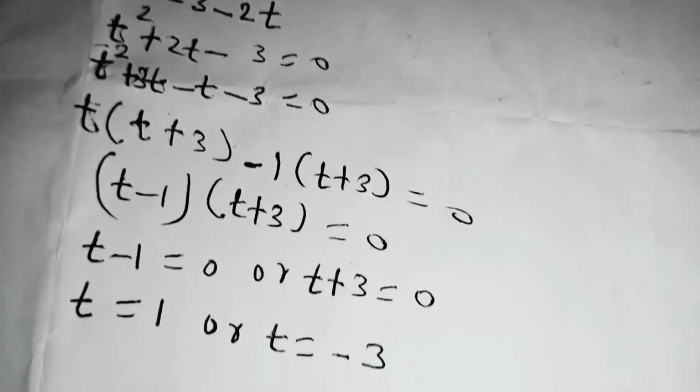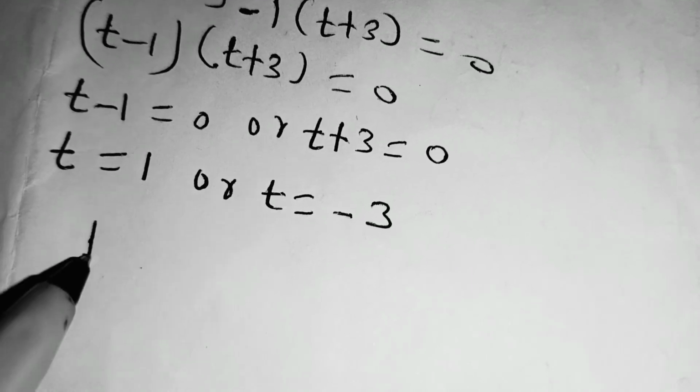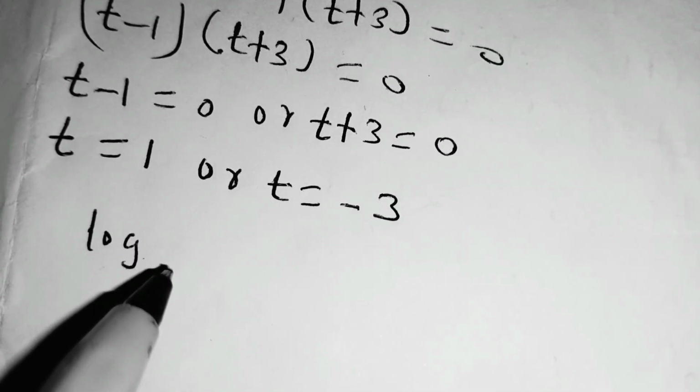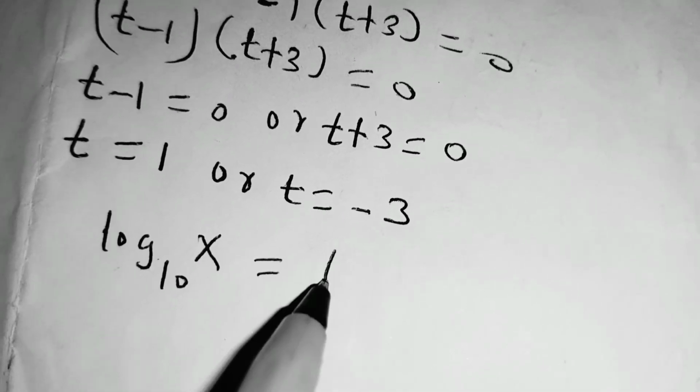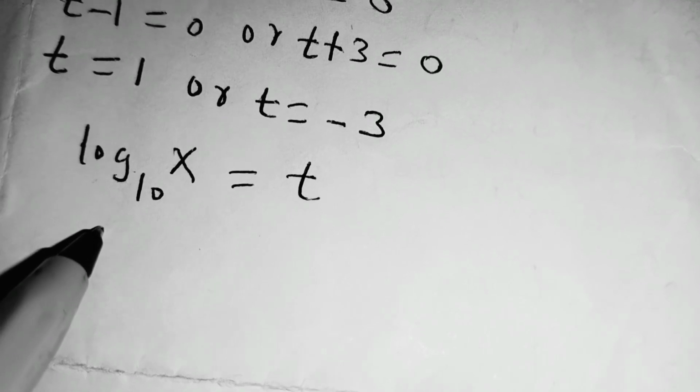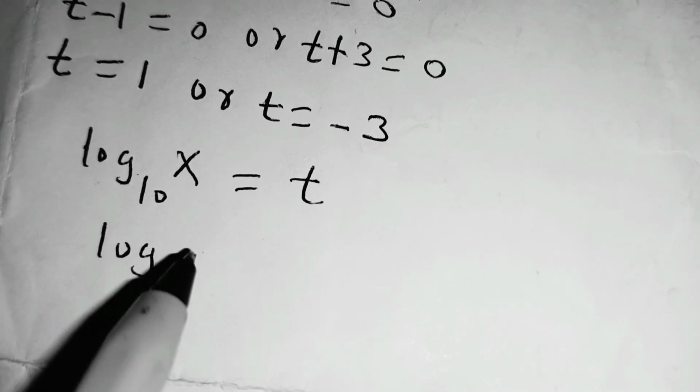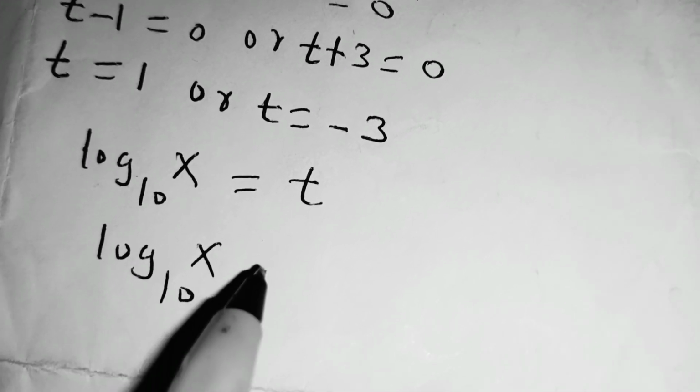So to obtain the value of x, which is the required equation there, we come back to how we had let our log of x to base 10 be equal to t. So when t is equal to 1, we shall have log of x to base 10 is equal to 1.